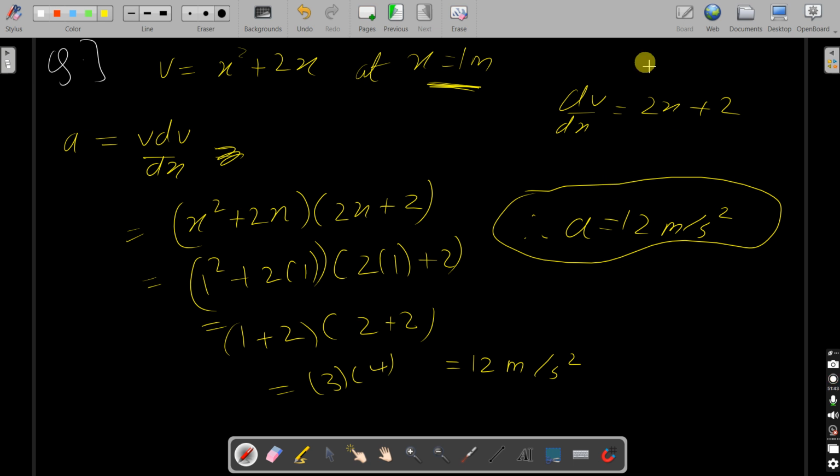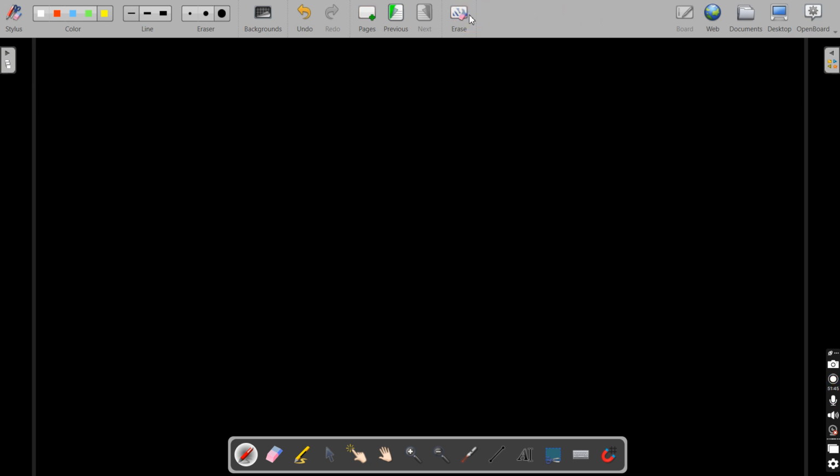So, one more question. Question is x is equal to t cube upon 3 minus 3t square upon 2 plus 2t plus 4. x is in meter and t is in seconds. Find its initial position.